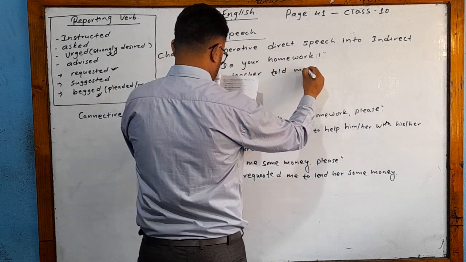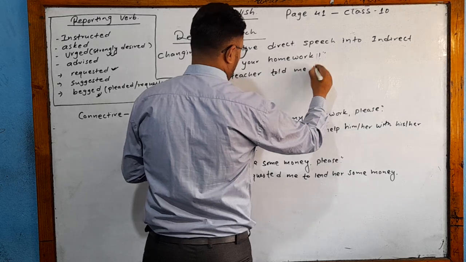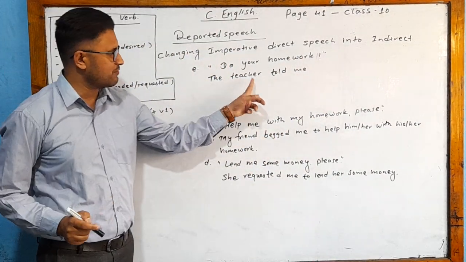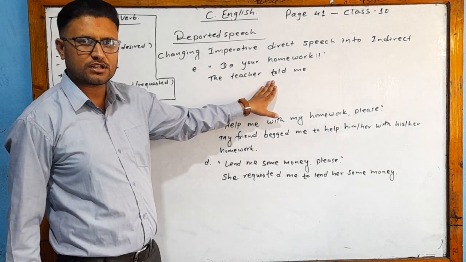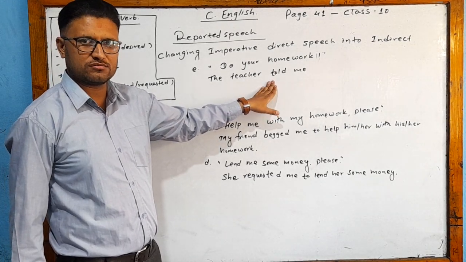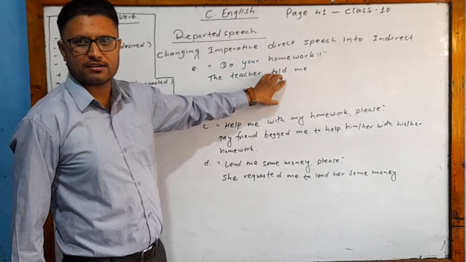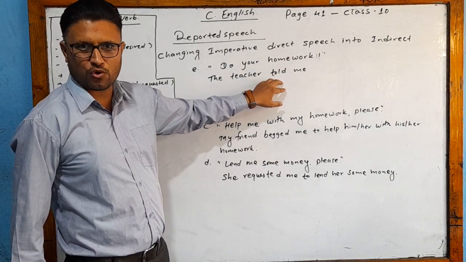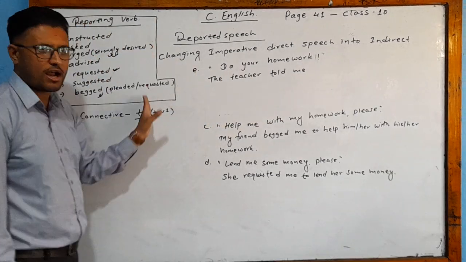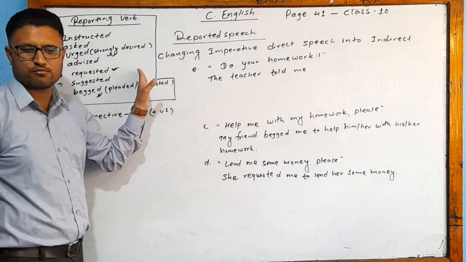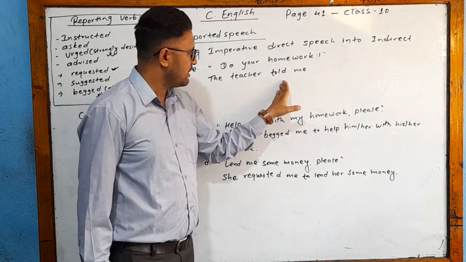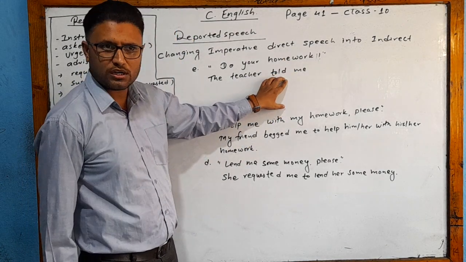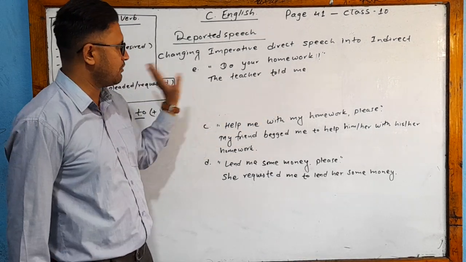Your book has 12 reporting verbs. However, instead of told, any one of these words is also possible. So it's not always true to write told. Therefore, let us choose any one.